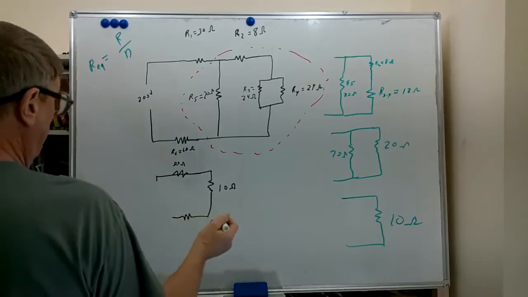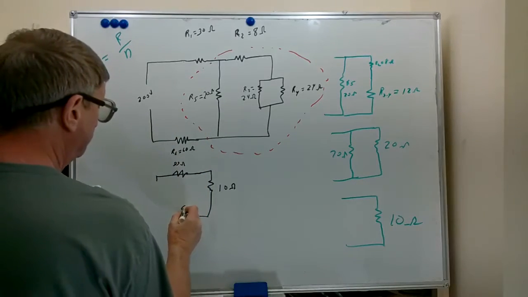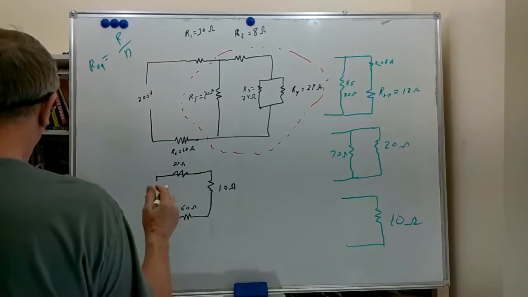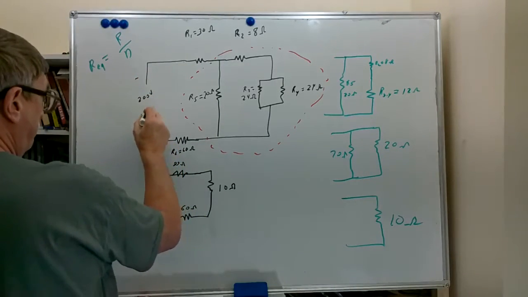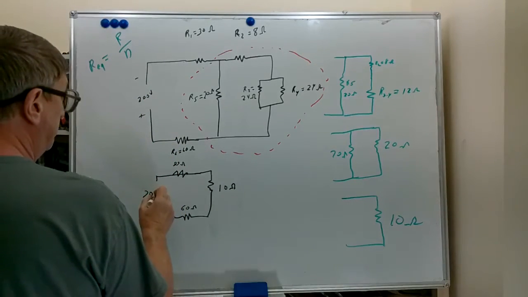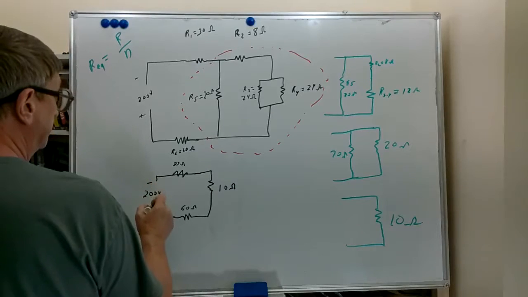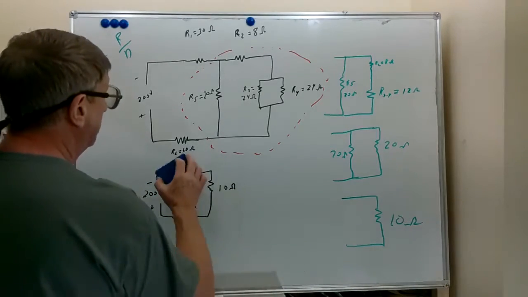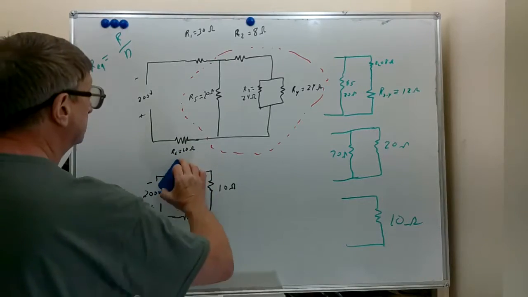And we're going to leave the 60 ohm. I'm going to put some polarities on that. We still have the 200 volt power supply. Make this a little bit nicer to look at.